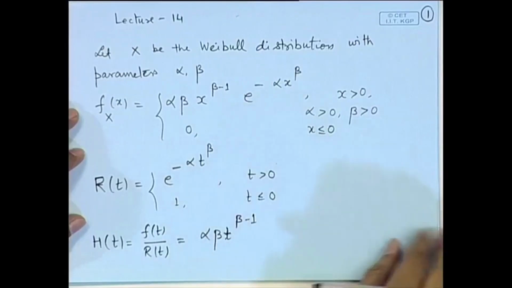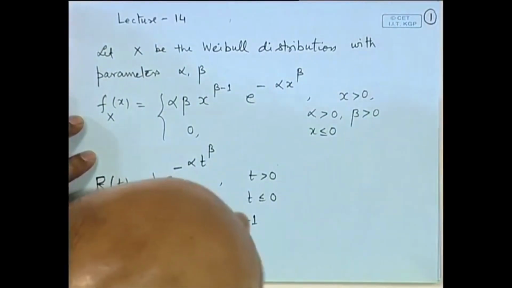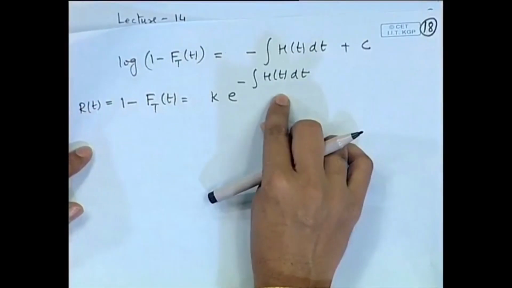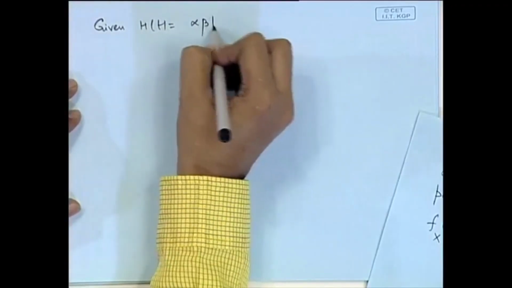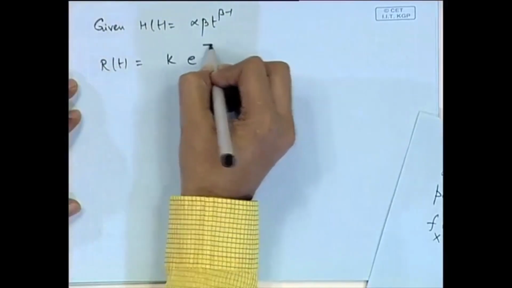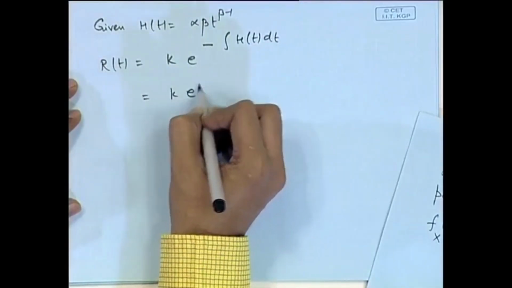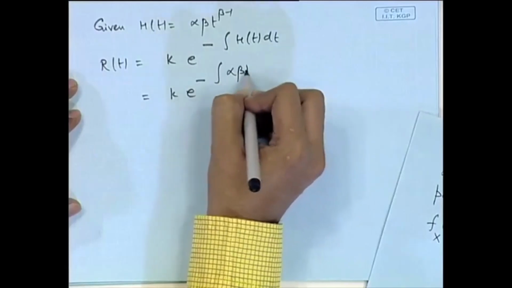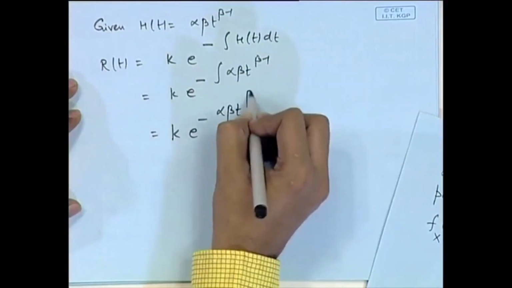If we are given h(t) equal to this, then we can use the formula for the calculation of reliability in the following way. Given h(t) is equal to alpha beta t to the power beta minus 1, R(t) is equal to k e to the power minus the integral of h(t) dt, that is equal to k times e to the power minus the integral of alpha beta t to the power beta minus 1, that is equal to k times e to the power minus alpha t to the power beta.